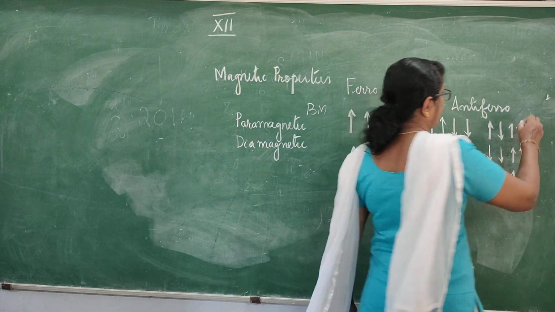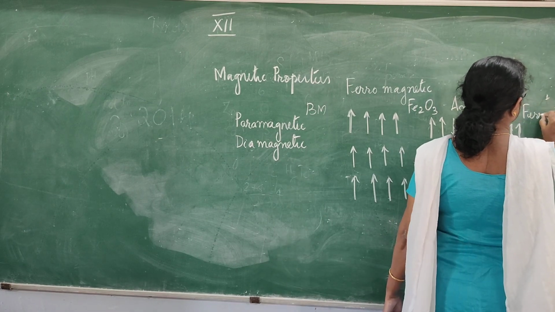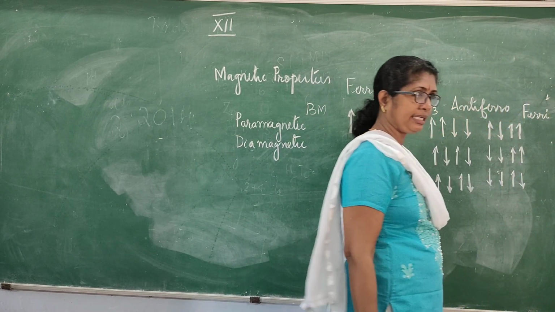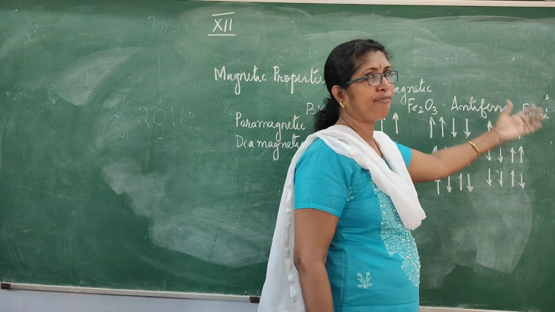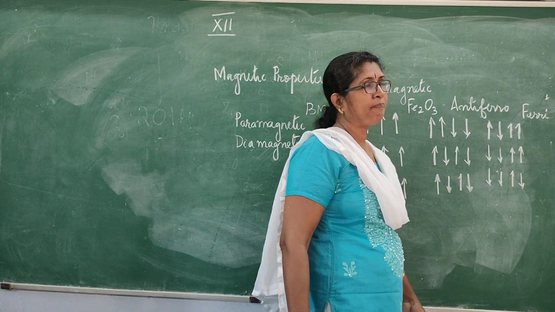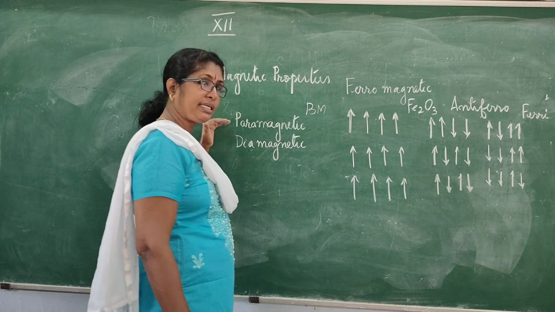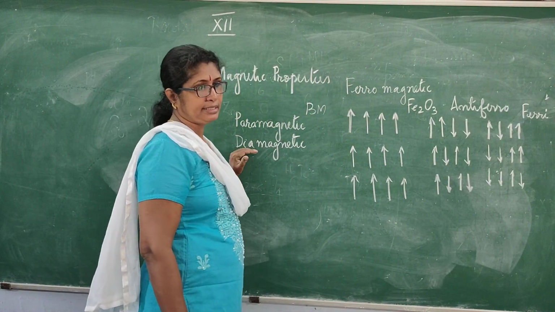Such substances are called ferrimagnetic substances. So we have ferromagnetic, antiferromagnetic and ferrimagnetic substances, then paramagnetic and diamagnetic substances.